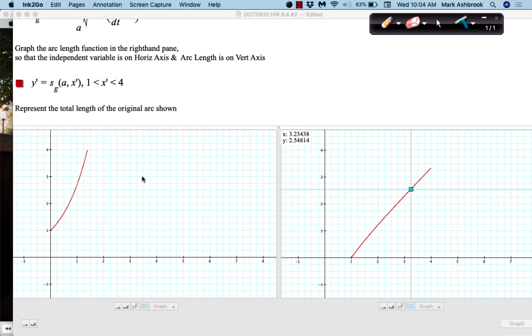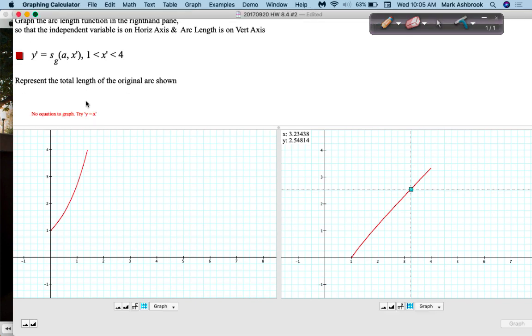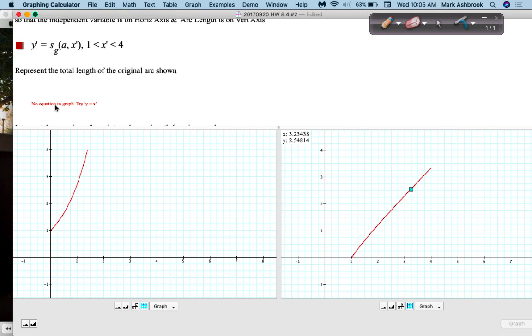Trinity, what do you think? You trailed off there. S of G of? She wants S of G of 1 comma 4. Oh, she's changing her mind? So you still want S of G though?